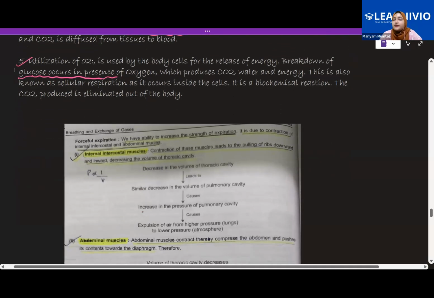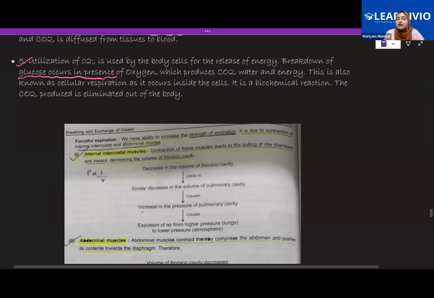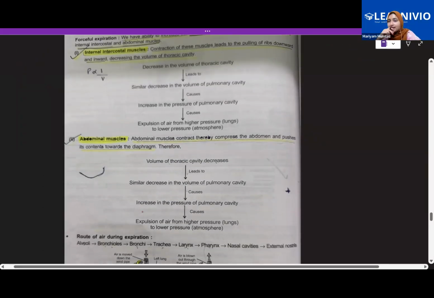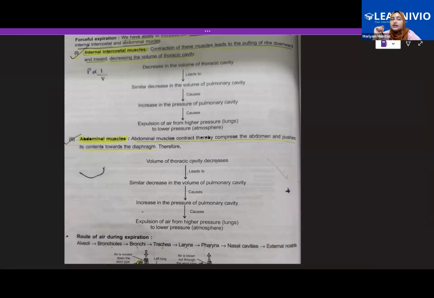Now, the principle of our breathing is based on the inverse proportionality of pressure and volume. We know that when the pressure increases, the volume decreases and vice versa. Now see, normally we have two types of muscles that are helpful during breathing in and breathing out. That is the intercostal muscles and the abdominal muscles along with the diaphragm.